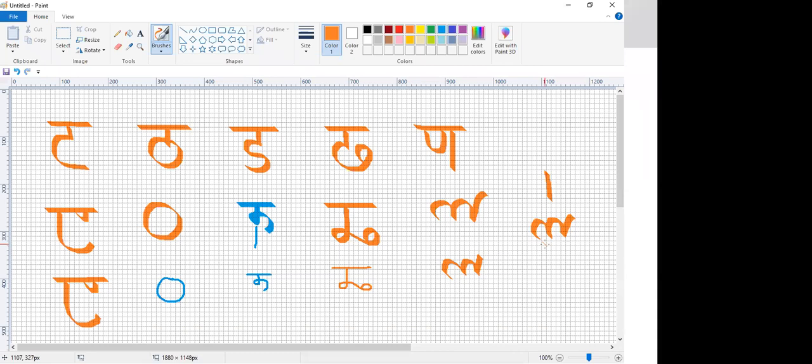Otherwise, it is correct what you have written. So you are saying that we have to keep both in the same line. Yes, both in a straight line. And also it cannot be one big and another small. Yes, sir. Thank you, sir.